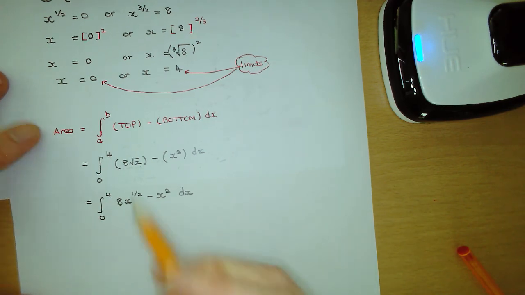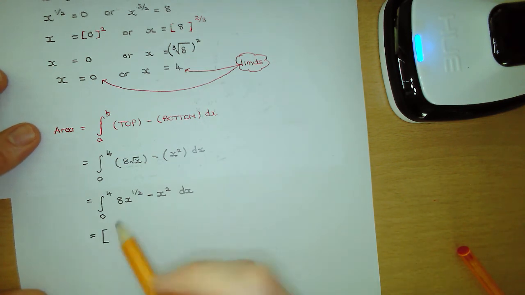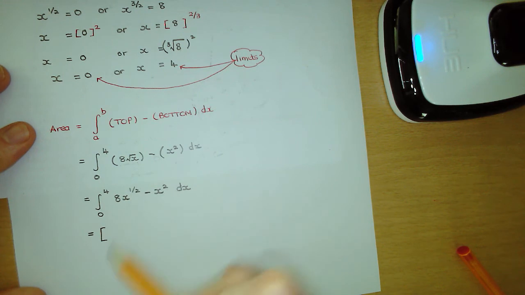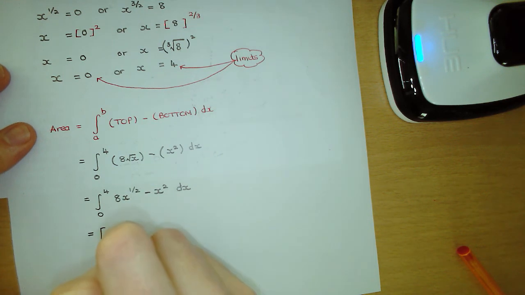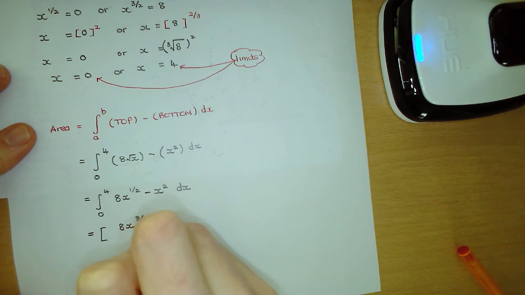Because we're integrating with limits, we have to put brackets around the integrated expression. So open square brackets. So add 1 to the power, divide by the new power. So we're going to have 8x to the power of 1.5, or 3 over 2, and then we're dividing by 3 over 2.